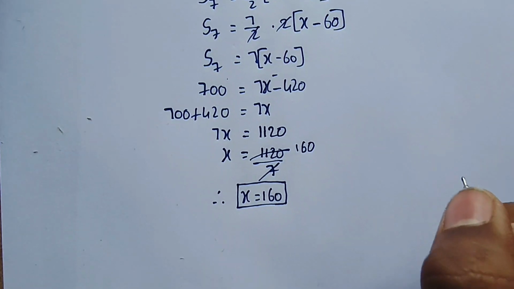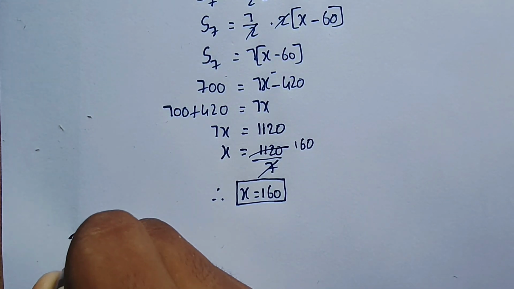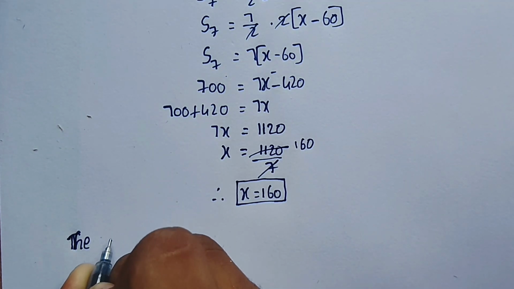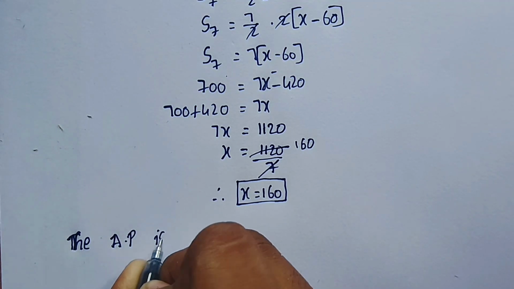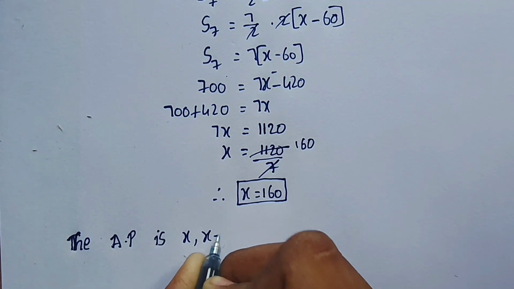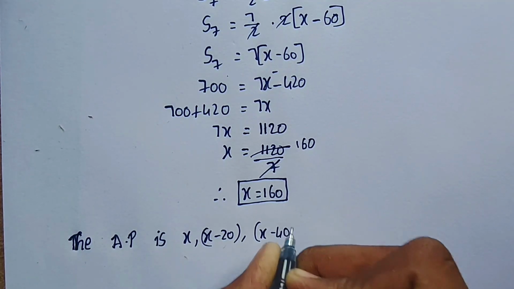Now, the prizes are: first I am writing the AP as x, x minus 20, x minus 40.